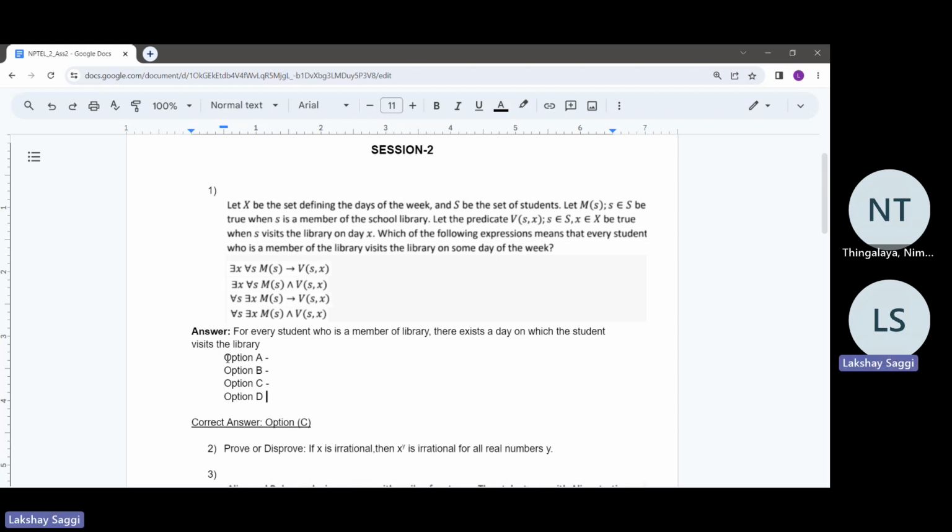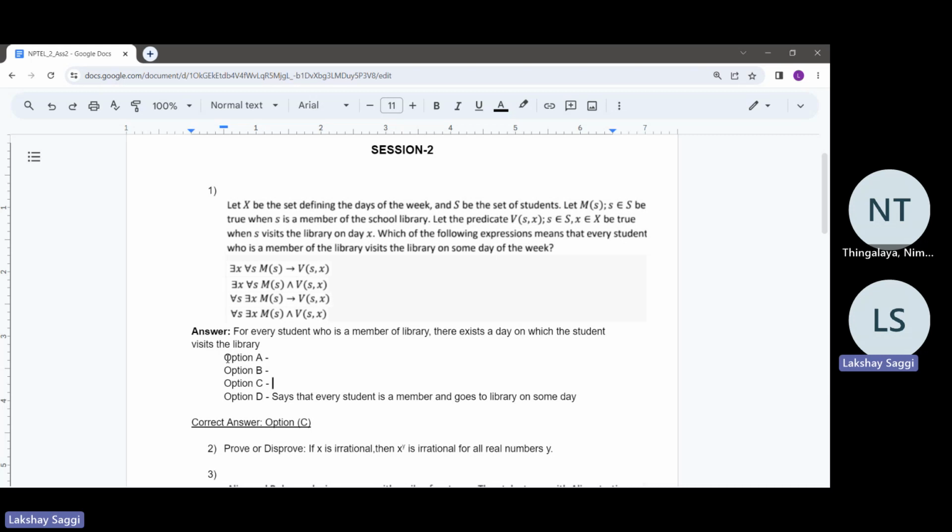And so option D, we have already established that it says that every student is a member and goes to library on some day, which is not what we wanted.